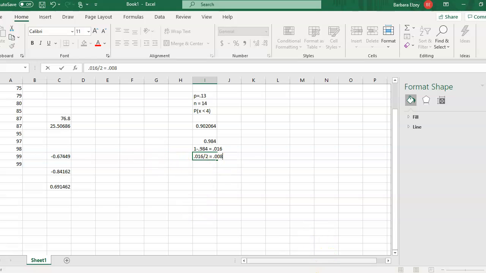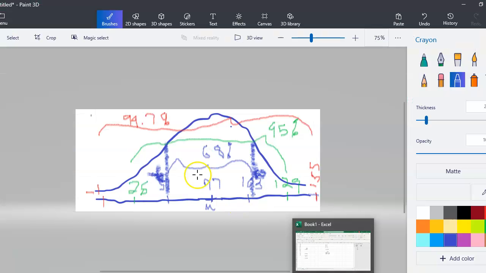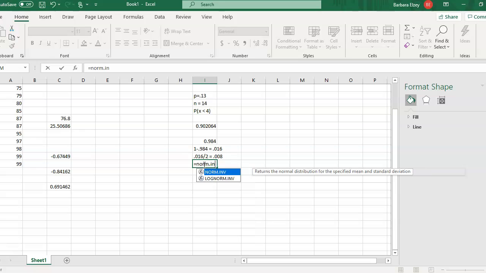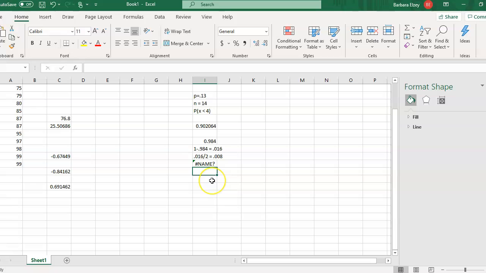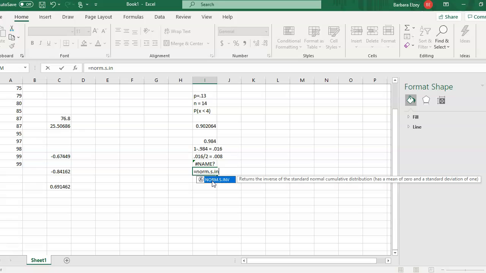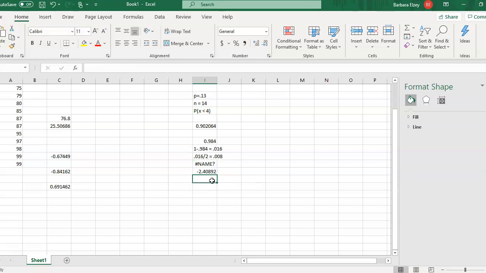And since I know the area to the left is 0.008, I use in Excel equal norm.inv, and actually it's norm.s.inv, 0.008. That gives me, well, let me do it again. I think I might have forgotten something. There it is.